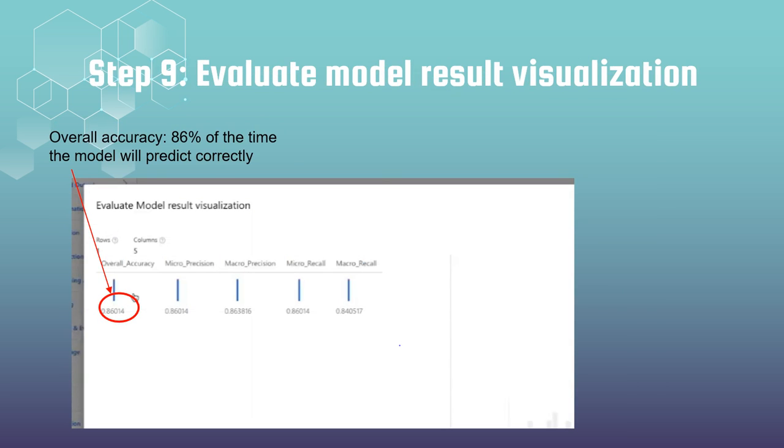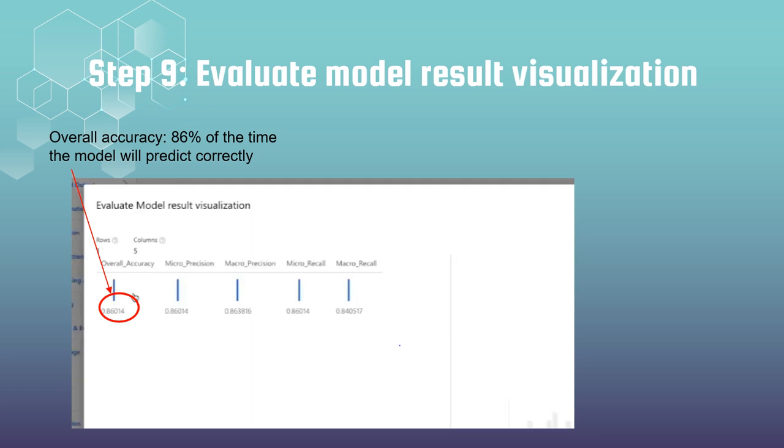So my pipeline and my model has just been submitted successfully, and now I want to look at the evaluation of the model. To do that, I just clicked onto the evaluate model module on my workspace, and I clicked on the output plus logs option, and I clicked on the log file.